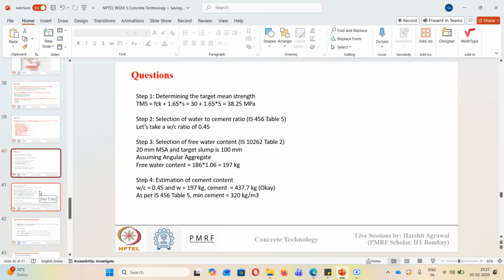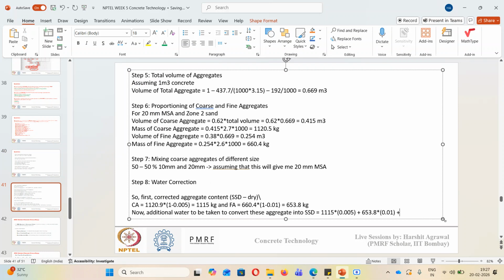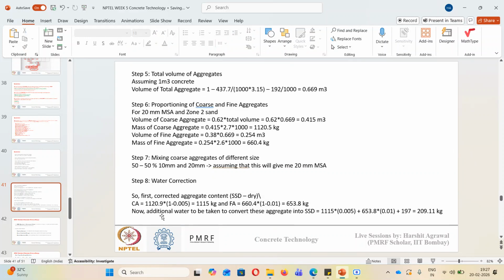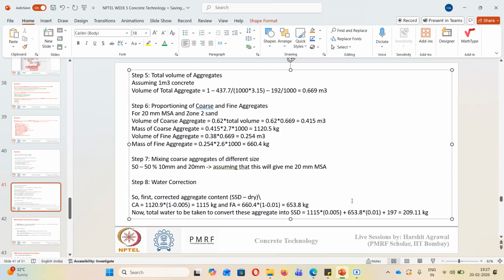So that was 197. Okay, so this is the total water that I need to take, 209.11 kg. This is the correction in water, and this is the actual water content that we took initially.